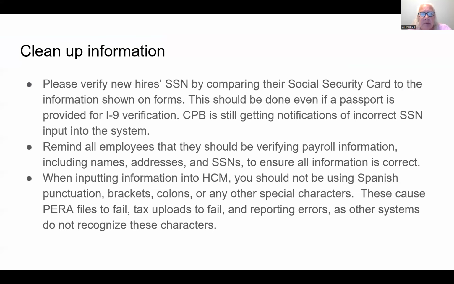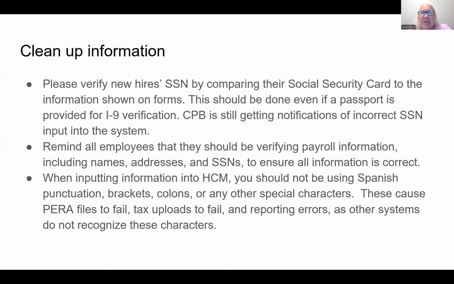Okay, some cleanup information. Please verify new hire social security number by comparing it to their social security card. This should be done even if a passport is provided for an I-9 verification. We are still getting notifications of incorrect social security numbers being input into the system.